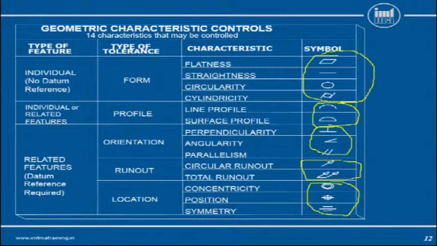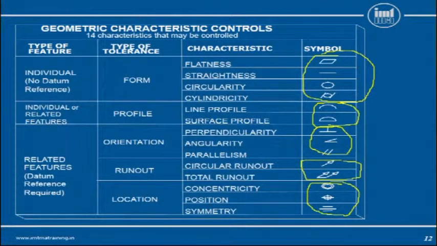You may intend to ask, what is the basis of this grouping of the parameters? The first 4 parameters under the form group, what is written in the first column, if you can observe, they are meant for individual features. That means they are referred to independent features and no datums are applicable.